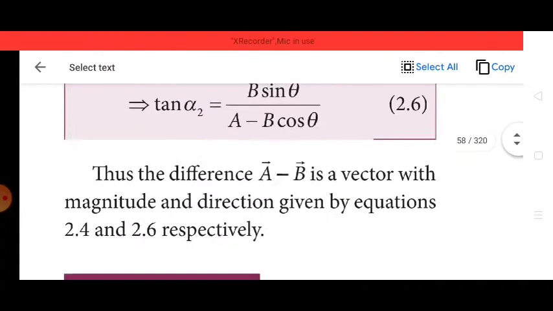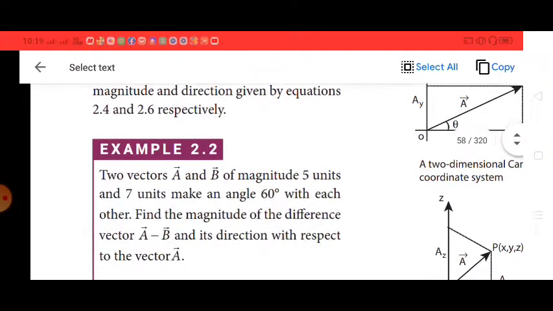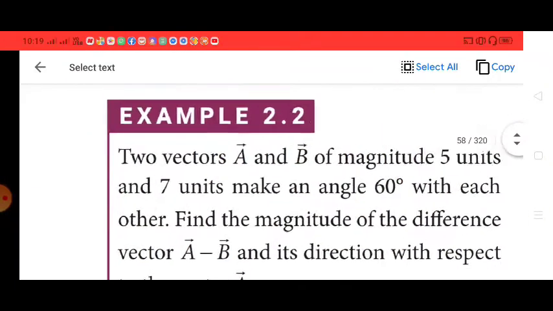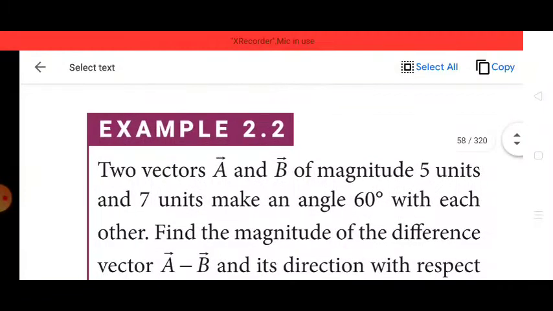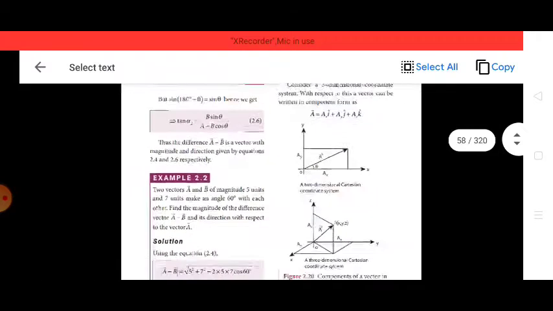Thus the difference A minus B is a vector with magnitude and direction given by equations 2.4 and 2.6 respectively. Children, solve this solved problem using classwork note 2.2. If you do not understand, ask me, I will explain it clearly.